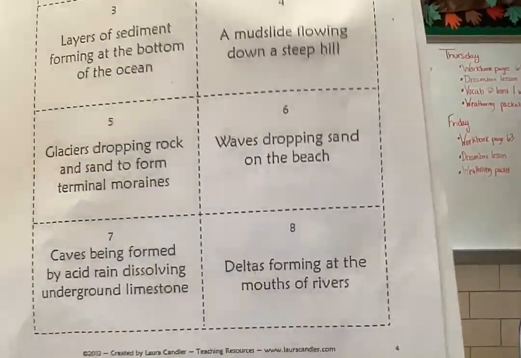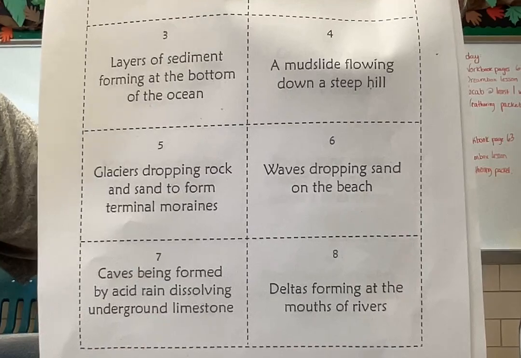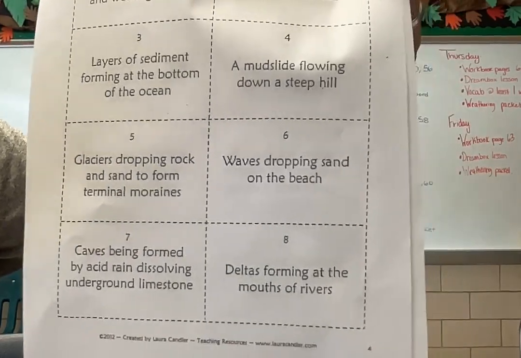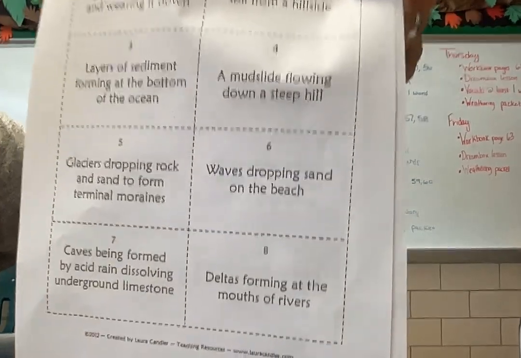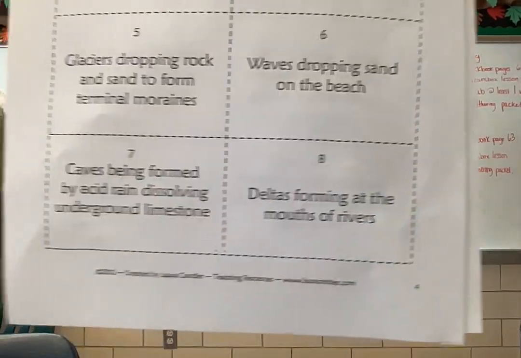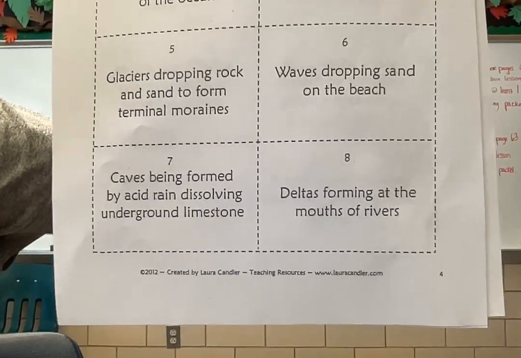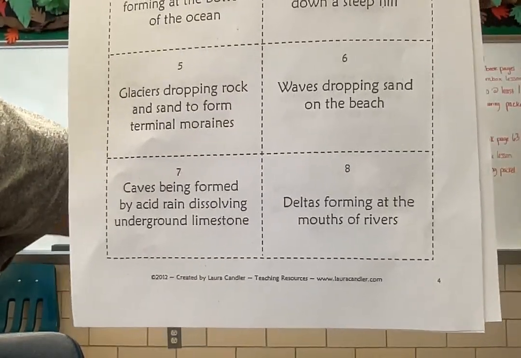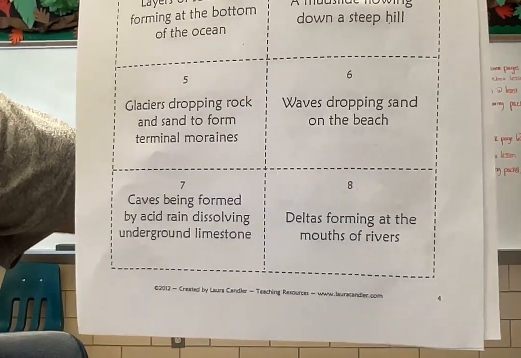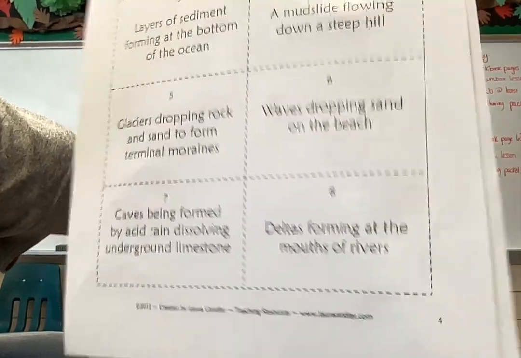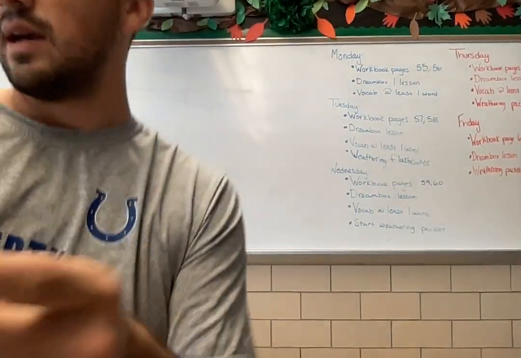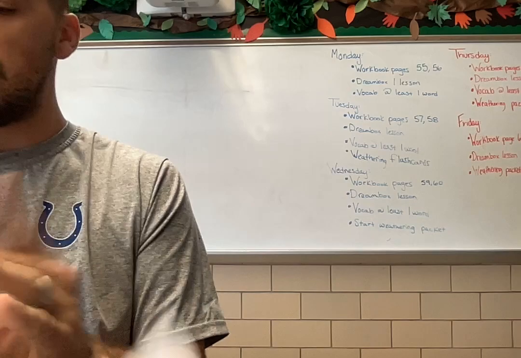Number 5 is glaciers dropping rock and sand to form terminal moraines. Number 6, waves dropping sand on the beach. Number 7, caves being formed by acid rain dissolving underground limestone. Number 8, deltas forming at the mouths of rivers. And let's go to this next page before I do any questions.